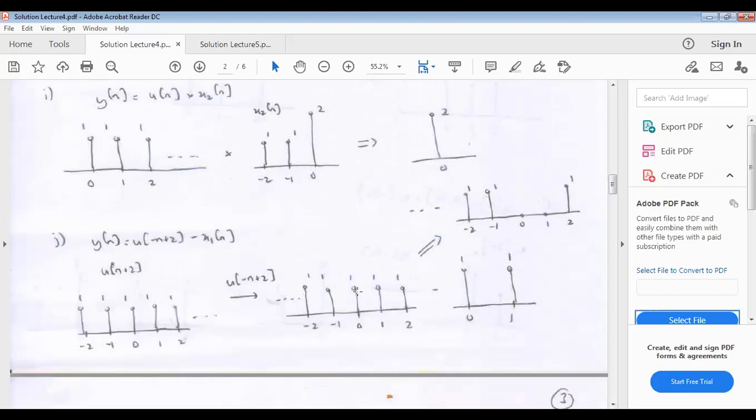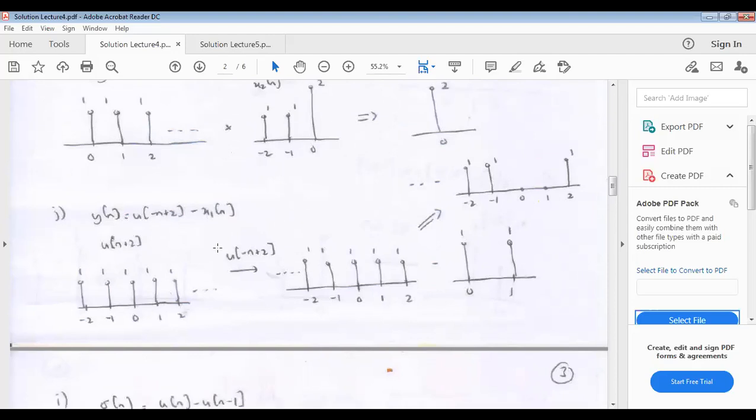And the last example based on that exercise: you have y[n], which is u[-n + 2] minus, which is subtraction now, the subtraction of x1[n]. So for u[-n + 2], this involves two operations on the step function.